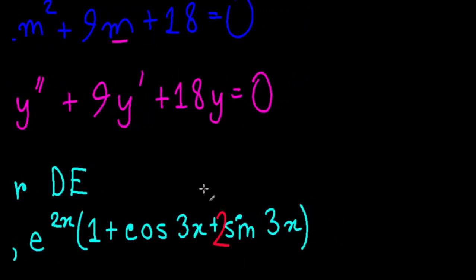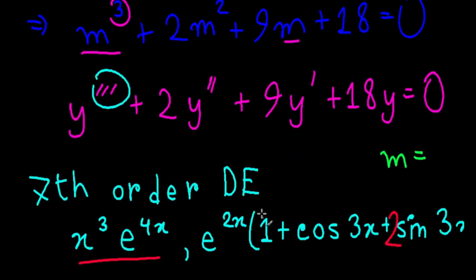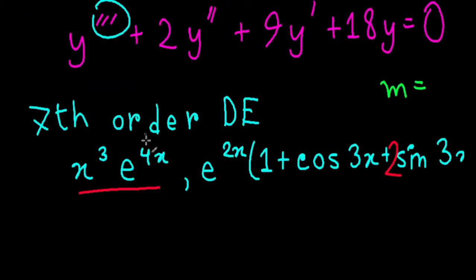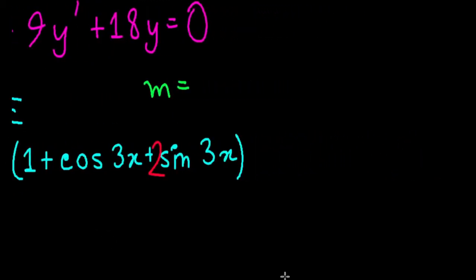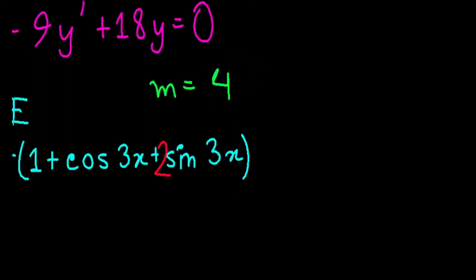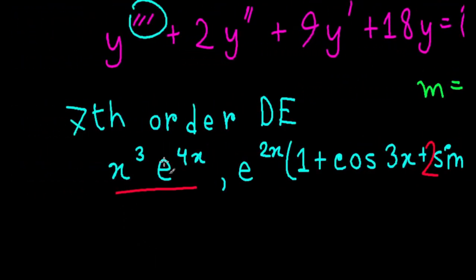So we know for a fact that m equals, and what is that repeated real root we are talking about? It's just the coefficient of x here, and that's 4. So m is equal to 4. Since x goes up to the third power, x cubed, it's repeated 3 plus 1, or 4 times.